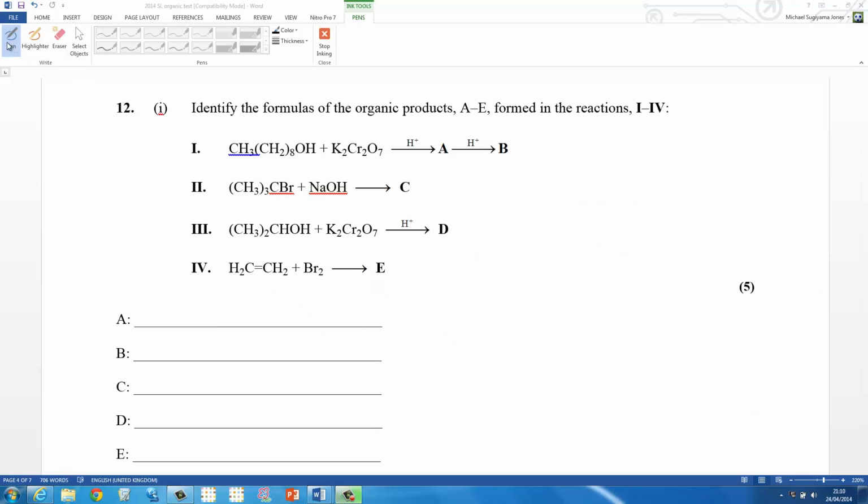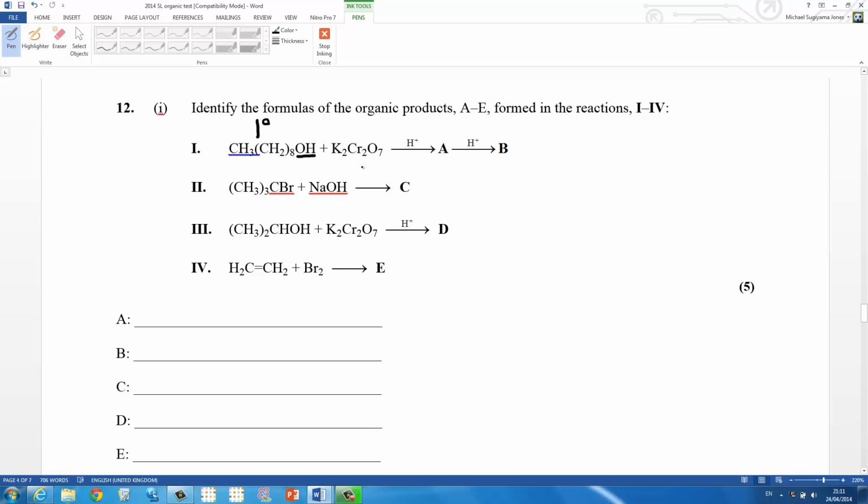So moving on to question 12, you have to identify the formulas of the organic products A to E formed in these reactions here. So what we have here is an alcohol in number 1. It's CH3, CH2, and has 8 CH2s with an OH on the end. So that makes it a primary alcohol. And we're using acidified potassium dichromate.